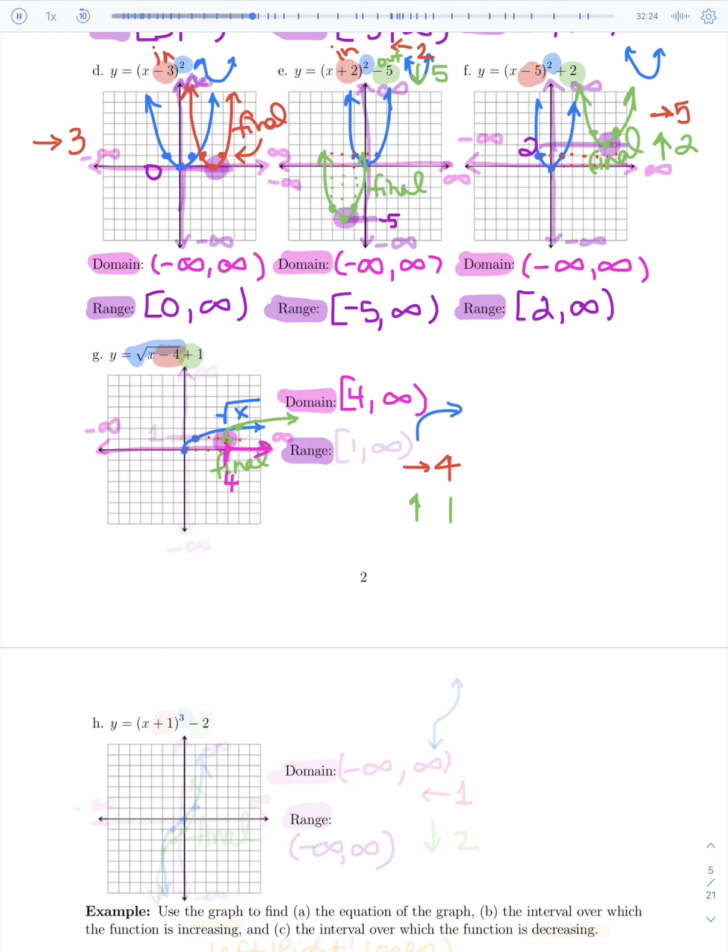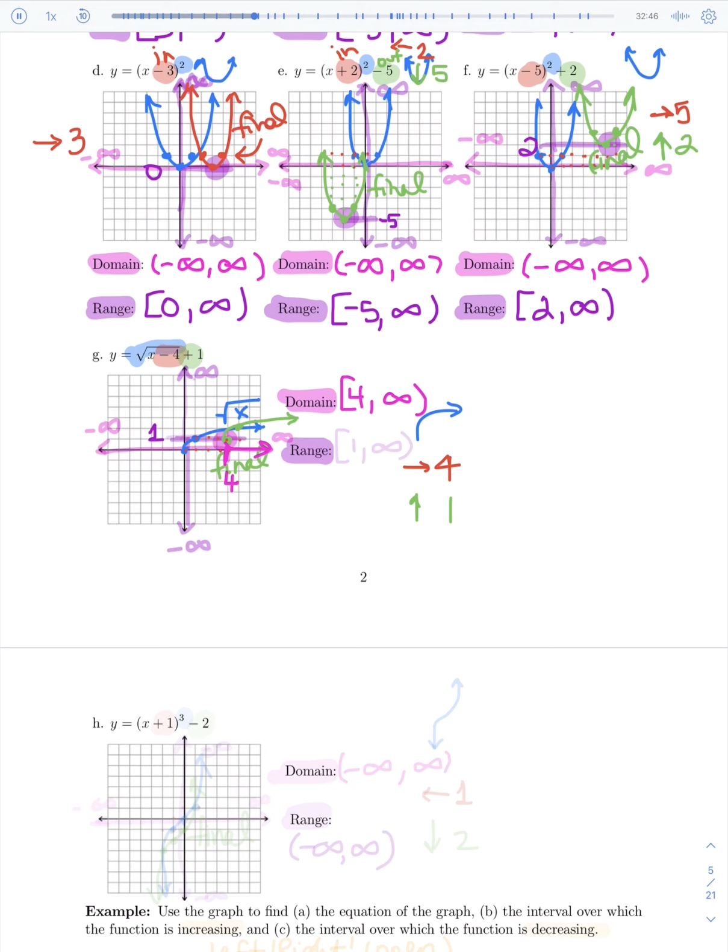Now let's talk about our range. Our range is going to be working from the bottom at negative infinity up towards positive infinity. Notice working that direction, our graph doesn't start until up here at positive 1.